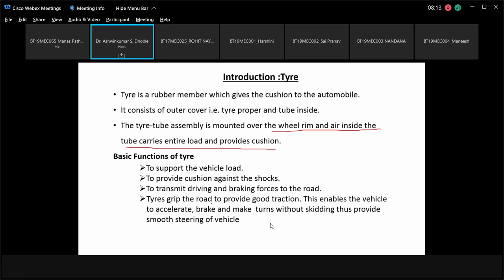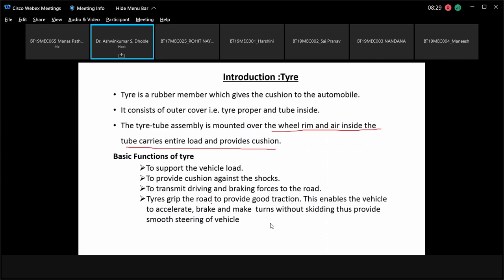You need to choose which kind of tires are suitable for a particular vehicle, how the tires are designated, and how the tires are manufactured. All these aspects we are going to study in this particular topic, that is automotive tires.